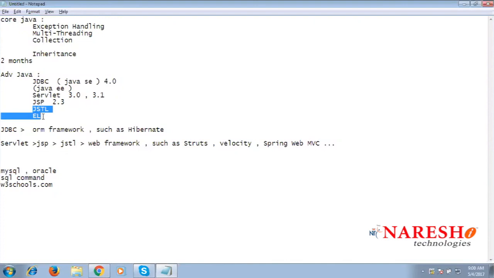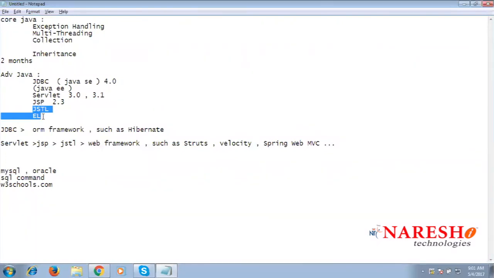Hibernate and JDBC are only one part of this entire process. If you think about industry and application development, it is either enterprise application development or web application development. If it is an enterprise application, you have to go for Spring or EJB. If it is a web application, you have to work with the Struts framework or Spring MVC.